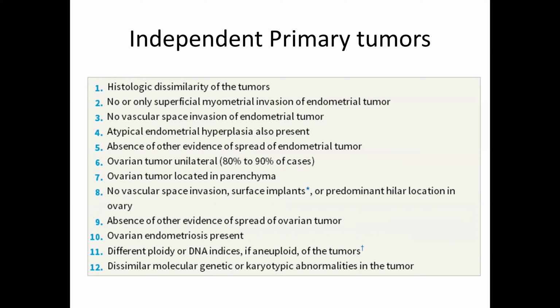Again, that's not always possible, and sometimes you can still have similar genetic factors because really we're dealing with a field effect where, say, hormonal stimulation, fertile field of background with endometriosis, background of maybe Lynch syndrome or something of that sort could predispose to concomitant or near synchronous development of tumor in both sites.